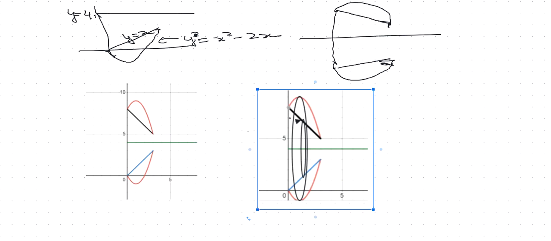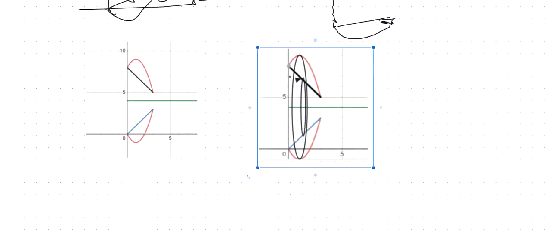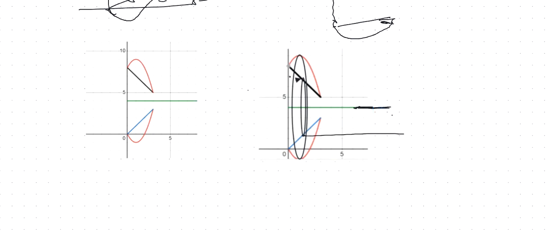So now we know that the radius of the inner ring is not x. It is the distance from the axis of rotation, which is this green line. So this is the inner radius, which is 4 minus x.